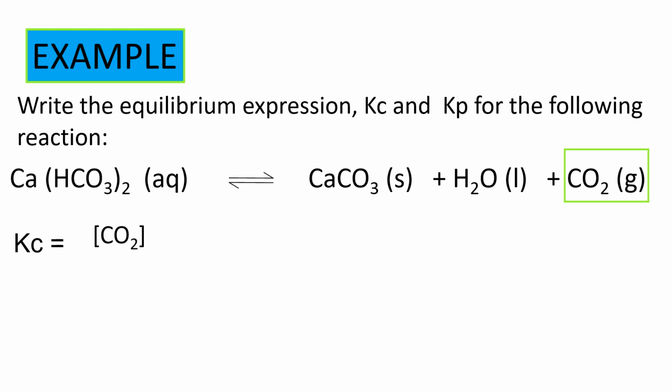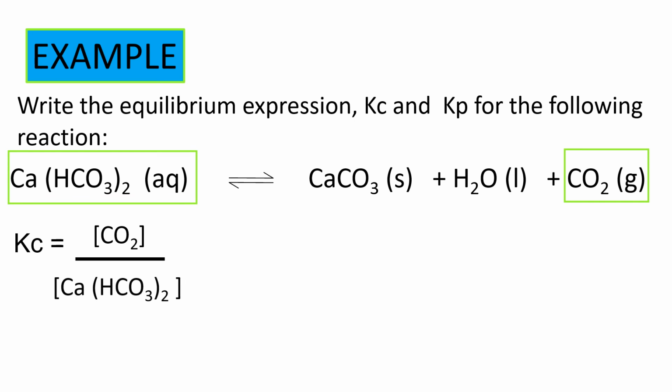So no need to write 1 as a power. If other than 1, you have to write it. For the reactant, we just consider calcium hydrogen carbonate because it is present in the aqueous phase. Also, there's no power shown next to the concentration of calcium hydrogen carbonate because the coefficient for this reactant is 1. Then done for the Kc expression.